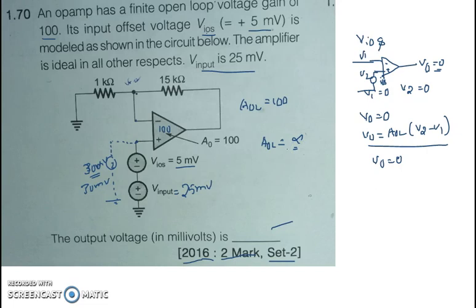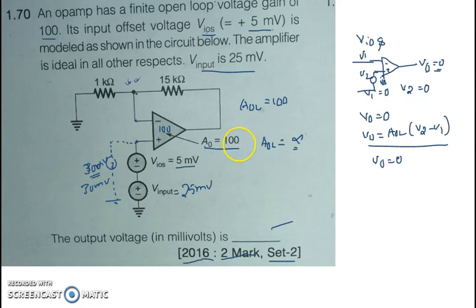So only if AOL is infinity can you apply the virtual ground concept, maintaining 30 millivolts here as well. But according to the question, the open loop voltage gain of the operational amplifier is 100. It's not infinity. He is not telling us it's an ideal op-amp; he is telling us it's a practical op-amp with open loop voltage gain AOL equal to 100.